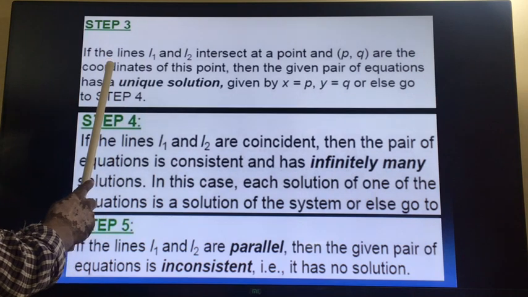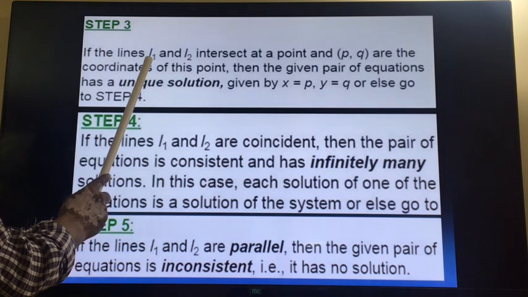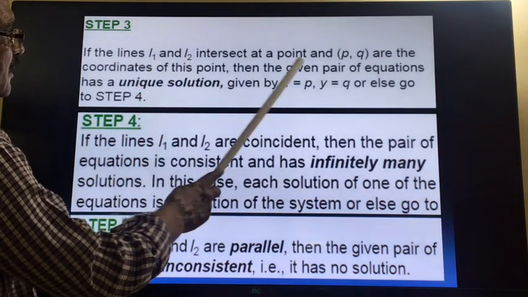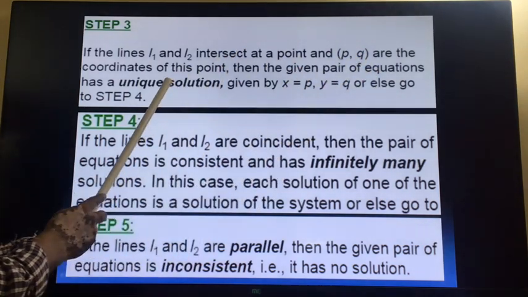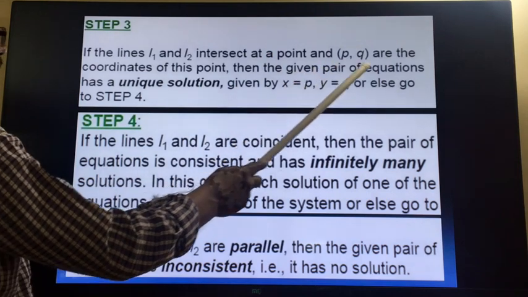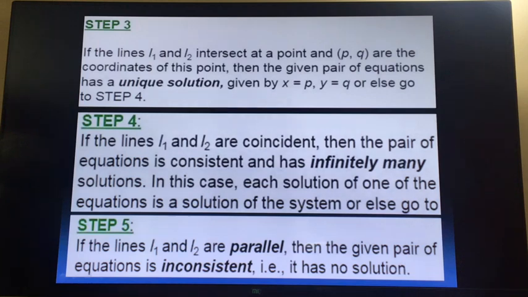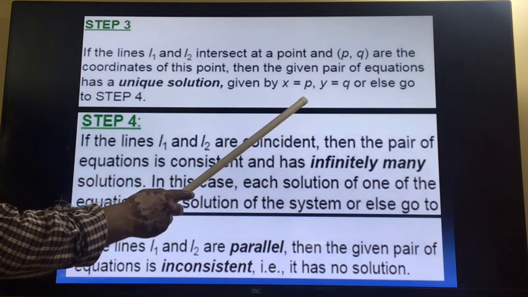If L1 and L2 intersect at a point and p and q are the coordinates of this point, then the given pair of equations will have a unique solution. If we plot the graph of L1 and L2 and both lines intersect at a point, we will find the coordinates of that point. Suppose that point is (p, q), then x is equal to p and y is equal to q.